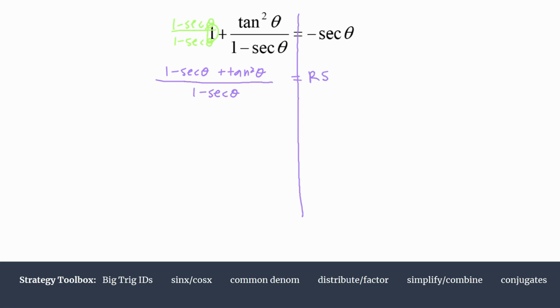So now we have to be a little bit creative here because there's nothing that we can initially combine in the numerator. We should notice, however, that tangent squared is part of a Pythagorean identity that includes secant squared. So we know that 1 + tan²θ = sec²θ.